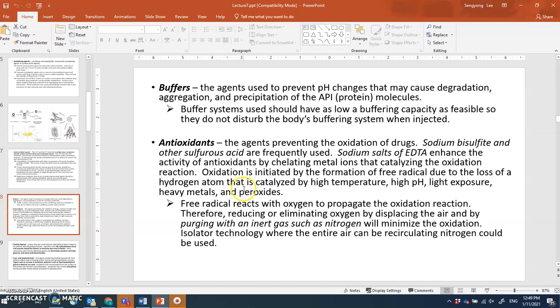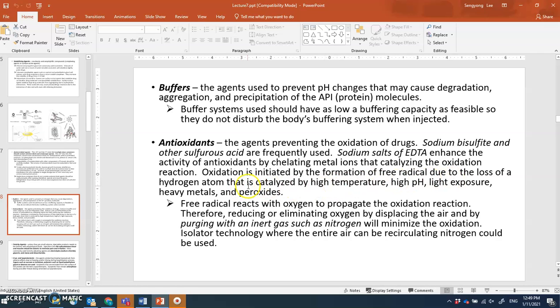Oxidation is initiated by the formation of free radicals like the hydroxyl radical and the superoxide. How do you form those? Normally by temperature fluctuation. If your temperature goes up too high or drops too fast, you will see free radical formation. Also under high pH or strong light conditions, or exposure to metals and peroxides.